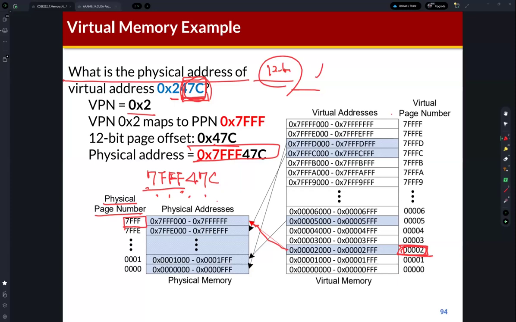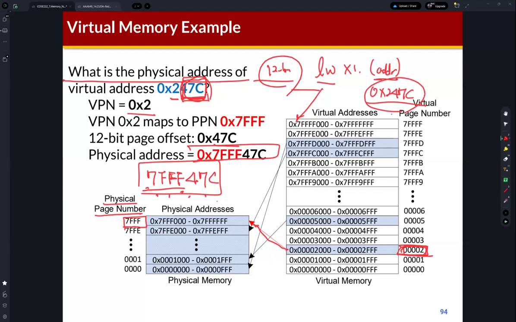When the load word executes, it's x1 and then some address. So this is the address. If this address is 0x247C, then this load word actually accesses the physical address 7FFF47C, right?